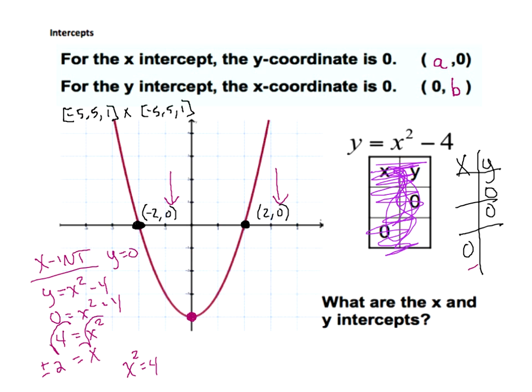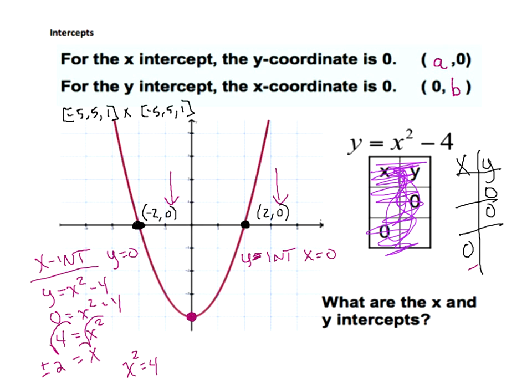If you're ever looking for an x-intercept, you know that it's got to have a y value of 0. So you plug in 0 for y to find your x-intercept or intercepts, because obviously you can have more than one x-intercept. Now with functions, you'll only have one y-intercept, and we'll talk about how that is so in a later section.